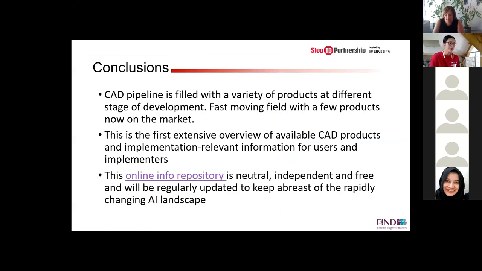But in conclusion, the CAD industry is filled with a variety of products at different stages, and it's a really rapidly changing field. This is the very first time that anyone has looked at the landscape of CAD products for TB, and provided all the implementation-relevant information in one place.